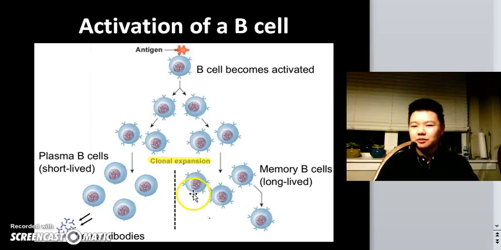Say for the first exposure, there was only one B cell that responded to that antigen. At the next exposure, there are 4 because of these memory B cells that are long-lived. Now, I'm not saying that it's actually 1 becoming 4, but the number of B cells multiplies, and so the body is much better able to respond to the second infection.